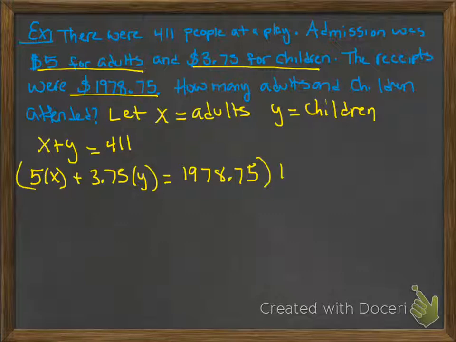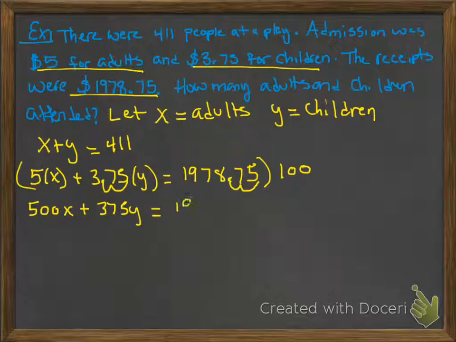Again, I don't like working with decimals. I'm going to multiply this entire thing by 100 to move that decimal place in every spot 2 spots. So this becomes 500x plus 375y is equal to 197,875.